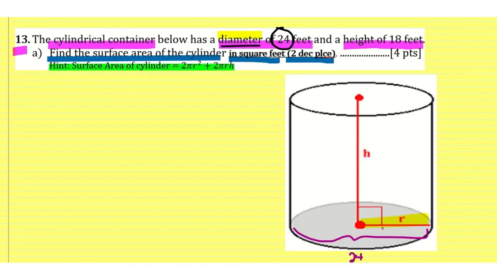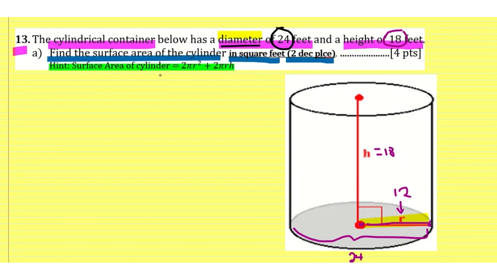That is the diameter. So what is the radius? Well, the radius is half of that diameter. So that means that the radius here is going to be equal to 12 feet. So half across the circle from the center to the side of the circle is the radius, and that's going to be equal to 12 feet. Then they tell us that the height is equal to 18 feet.